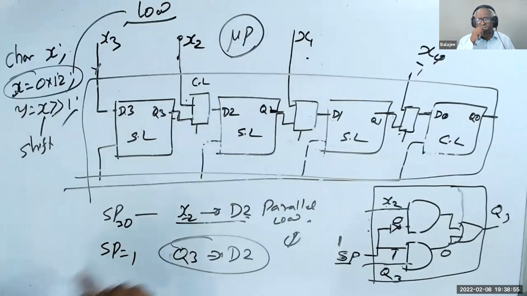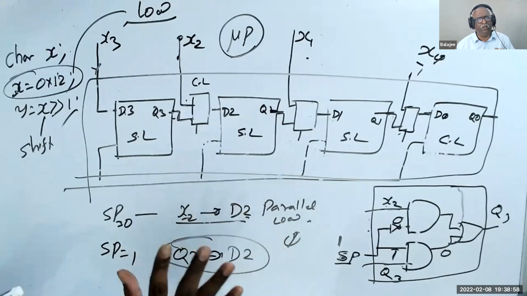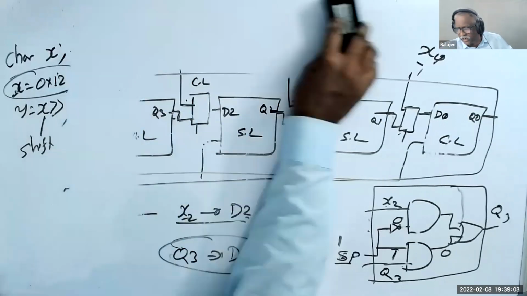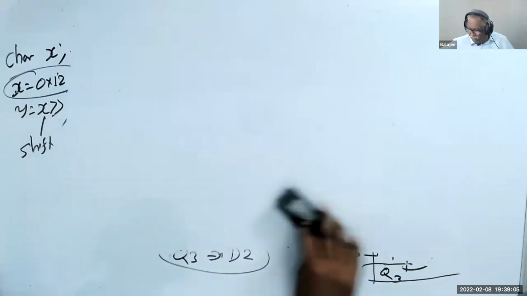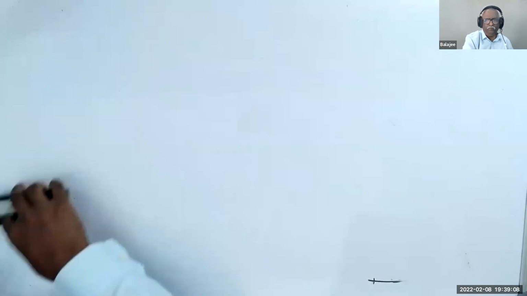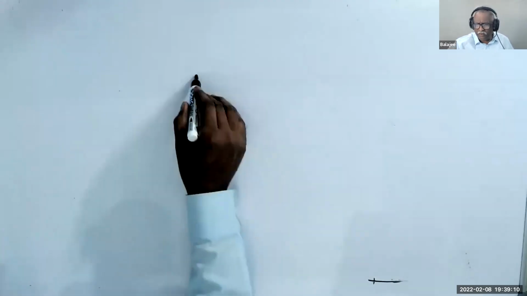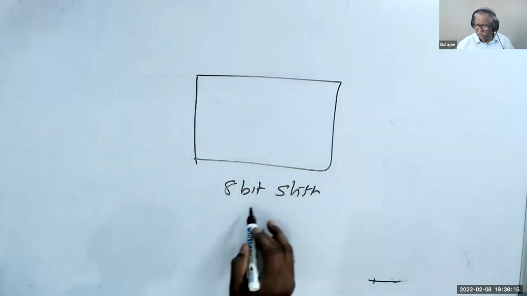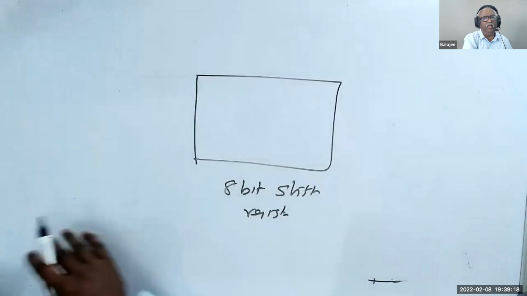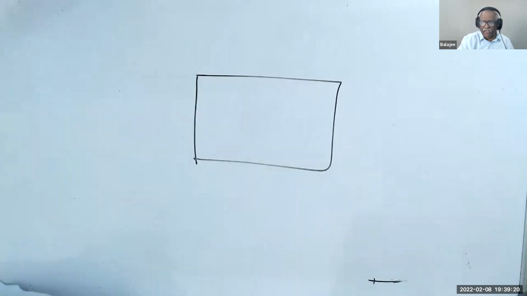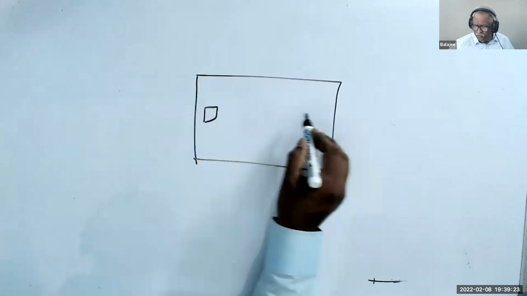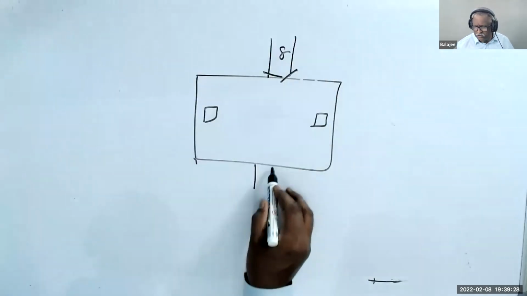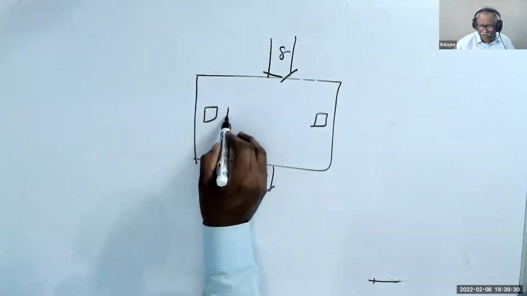Okay, so don't try to get into too much of the thing. Your shift register, I'm not here to discuss digital electronics. I'm giving you a simple idea that your shift register, if it's an 8-bit shift register, then I have 8 flip-flops, 8 inputs and 8 outputs, and I connect the shift.